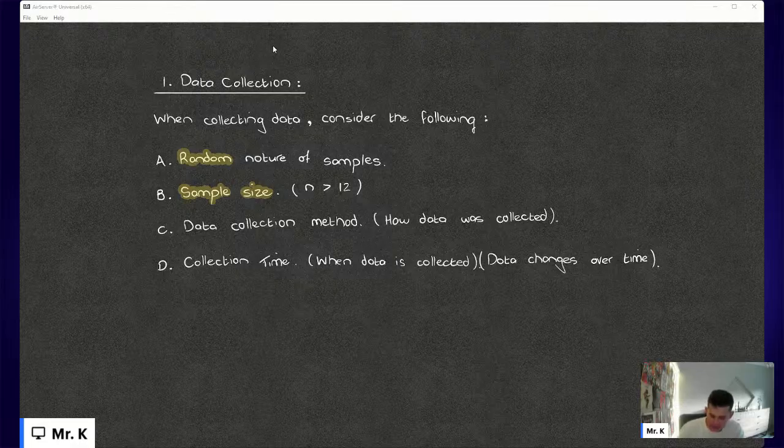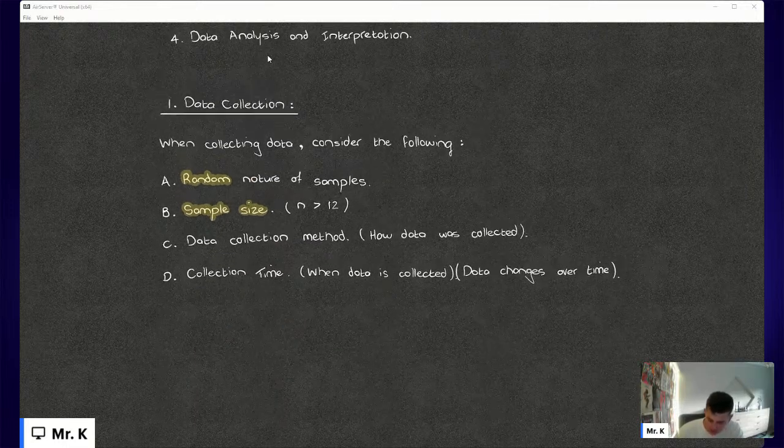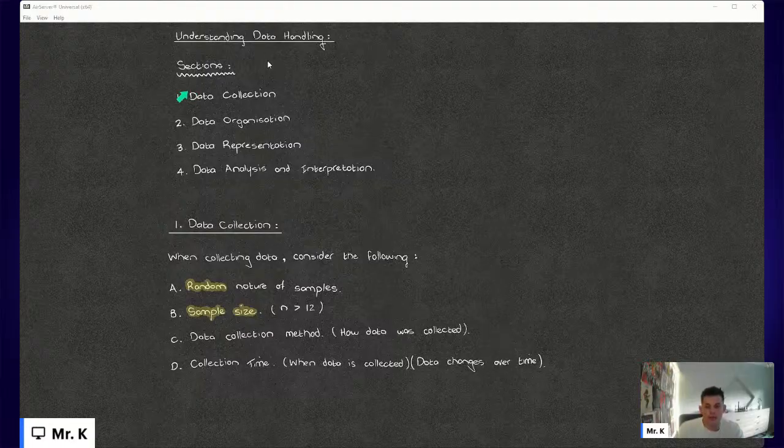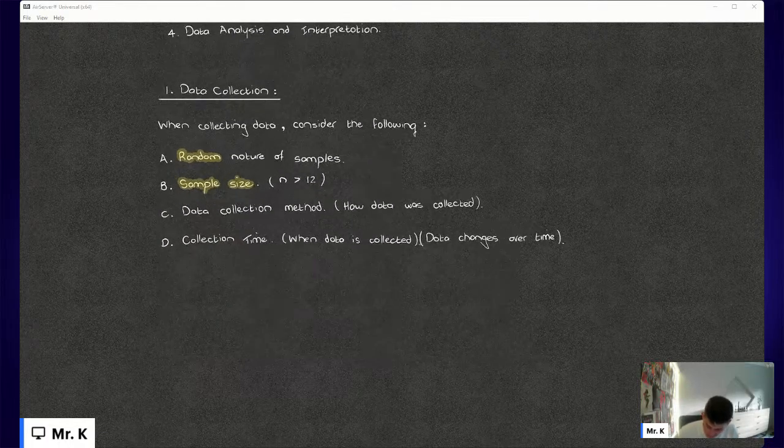Okay, no, that's fine. That's a good list for now. All right. So that means we can now take a look at the second section. Once we have worried about data collection and we know that our information is fair and valid, we can then, only then, move on to organizing and representing our data, right?